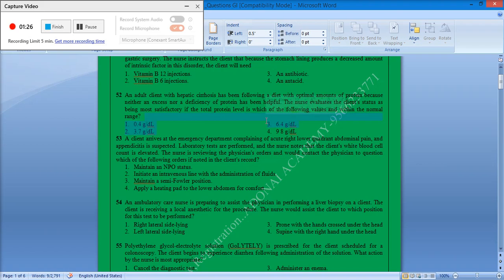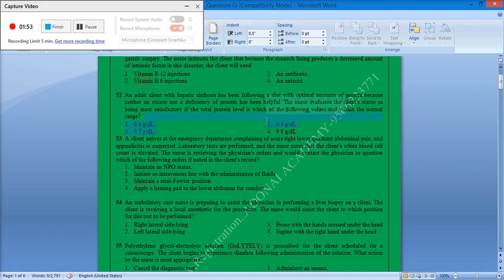53. A client arrives at the emergency department complaining of acute right lower quadrant abdominal pain and appendicitis is suspected. Laboratory tests are performed and the nurse notes that the client's white blood cell count is elevated. The nurse is reviewing the physician orders and would contact the physician to question which of the following orders if noted in the client's record? 1.